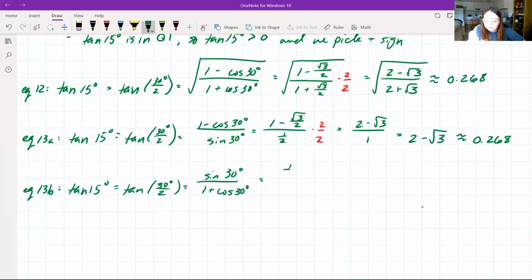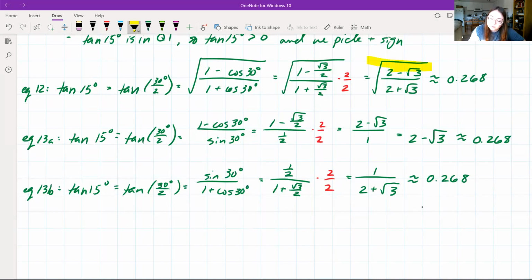This is now going to give us 1/2 divided by 1 plus the square root of 3 over 2. And let's do the same thing as we've done every time now. Multiply by 2 over 2. And this is going to give us 1 over 2 plus the square root of 3. So once again, a very different algebraic value. But if we plug it into a calculator, this gives us about 0.268.